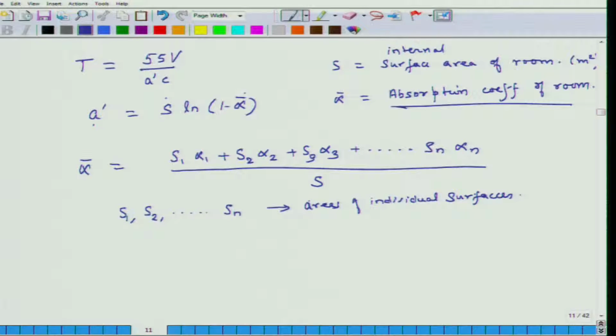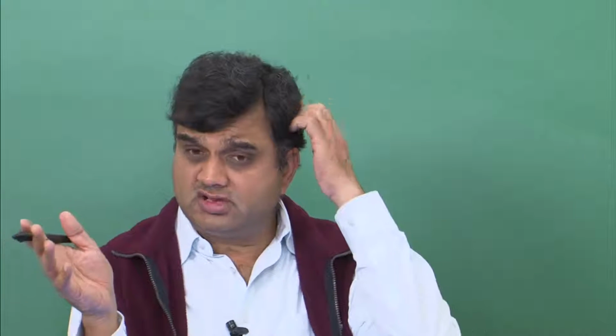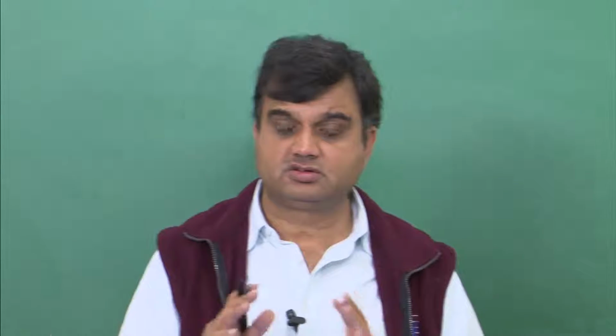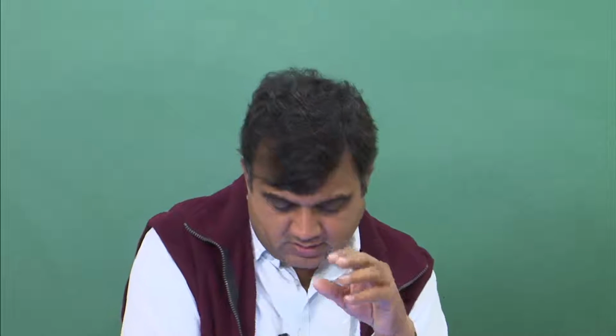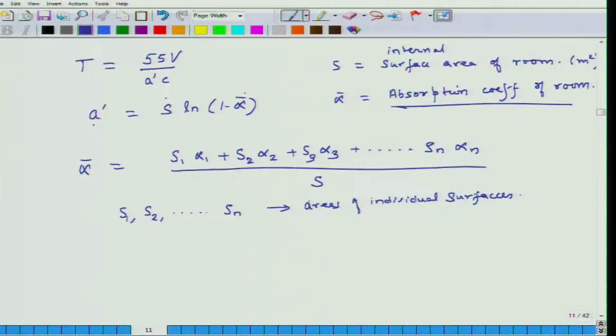So if I have a room which has 7 or 8 internal surfaces, roof, floor, different walls, door, window, I have to calculate each separately. Then I calculate the area of each of these in meter square and make a list of those.